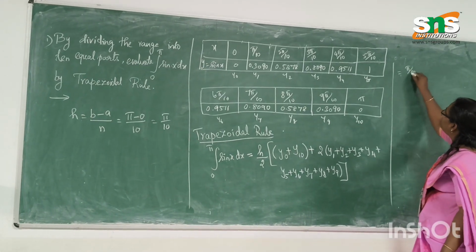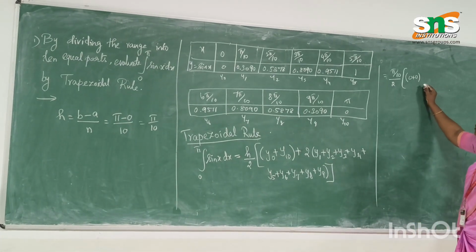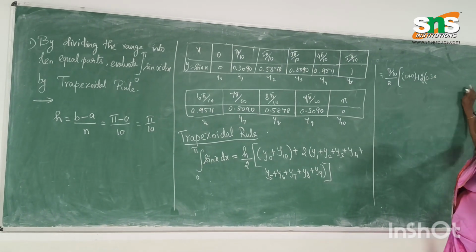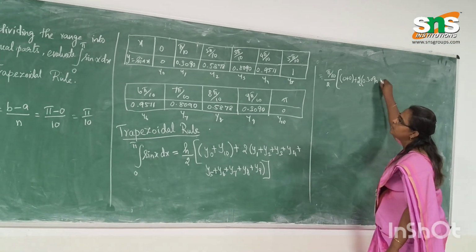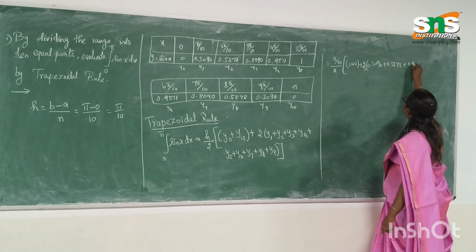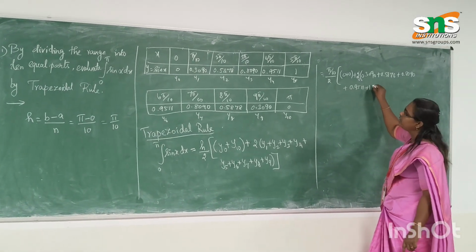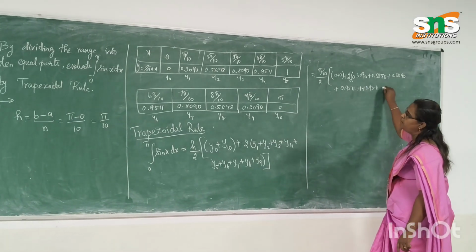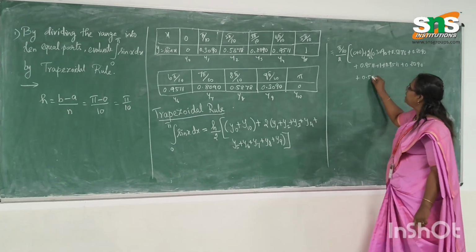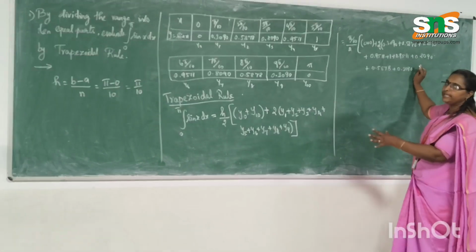Pi by 10 divided by 2, and in brackets y0 is 0 plus y10 also 0, plus twice: 0.3090 plus 0.5878 plus 0.8090 plus 0.9511 plus 1 plus 0.9511 plus 0.8090 plus 0.5878 plus 0.3090. Up to this I wrote all the in-between values.